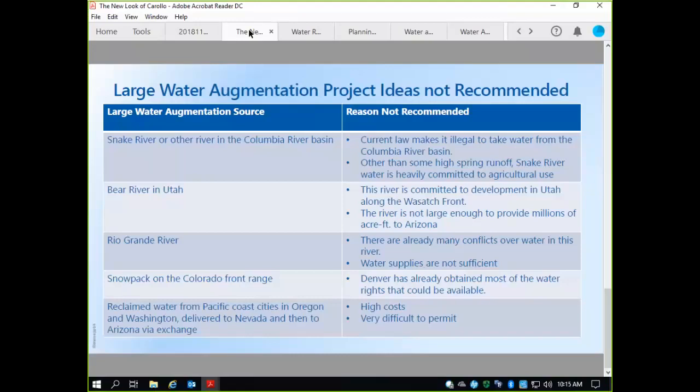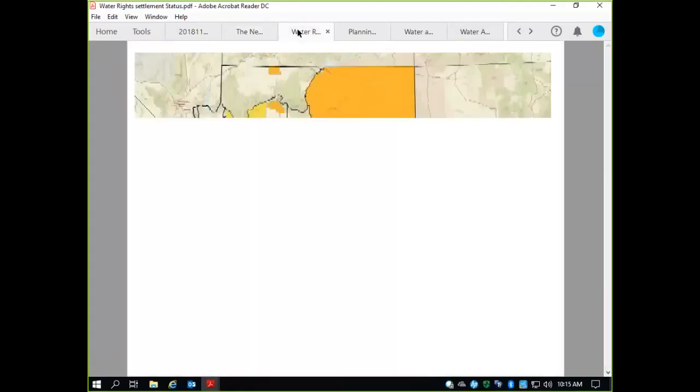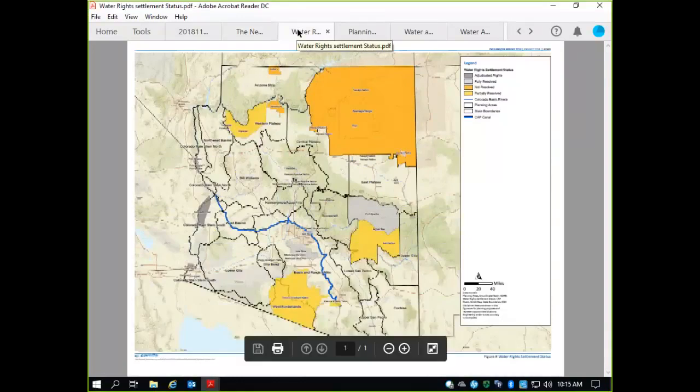So now let's go to, and we'll step you through the various maps and explain what they are and why we have them. This first map lists the various Indian reservations and nations in Arizona, and they've been classified based on information I believe came from SRP as to whether they have been adjudicated, resolved, not resolved, or partially resolved.